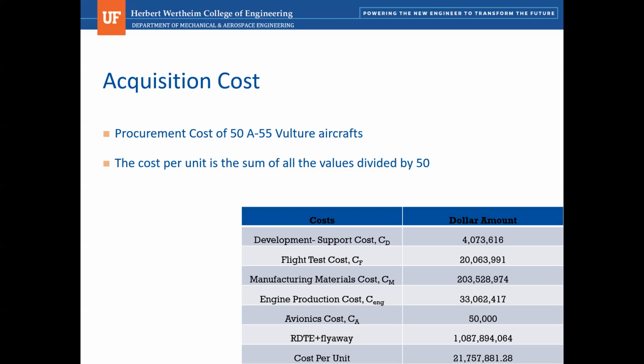To get the acquisition cost of 50 aircraft, we need to add the developmental cost, support costs, flight test costs, manufacturing materials costs, engine production cost, avionics, RDTE, and flyaway, and divide it all by 50, and that gives you a value of nearly $21.7 million.